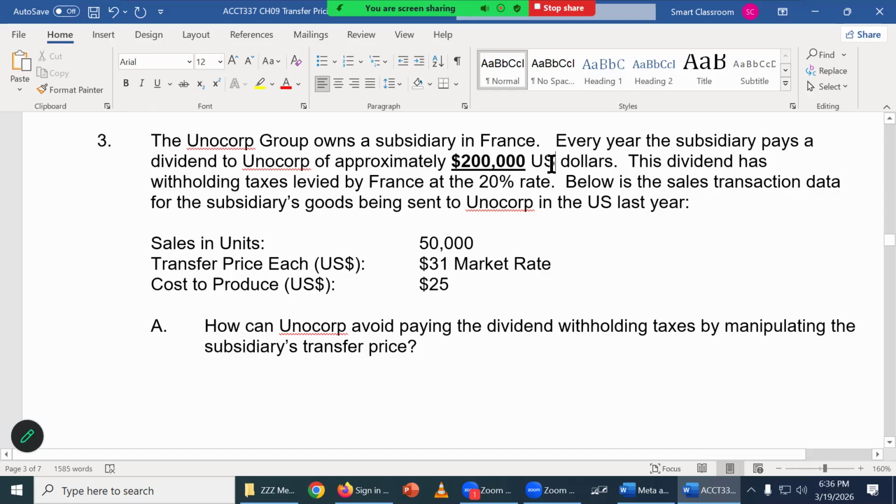Assuming we're going to have 50,000 units in the following year too, we're going to try to pull $200,000 out of this, so we have to reduce the price. What would the new price be that we set?